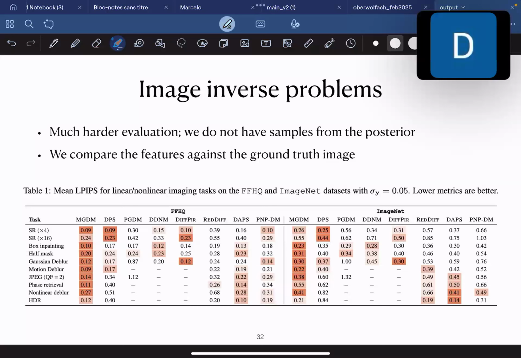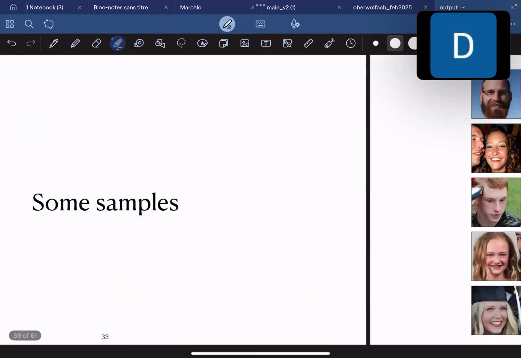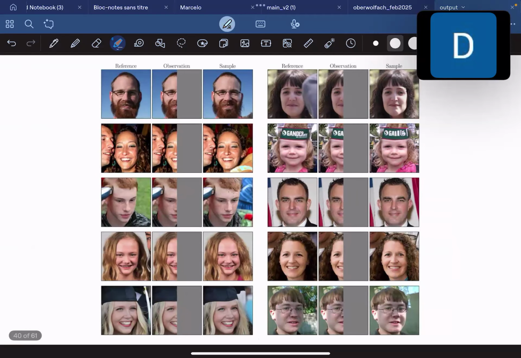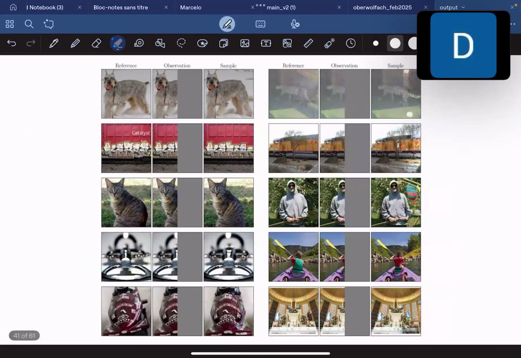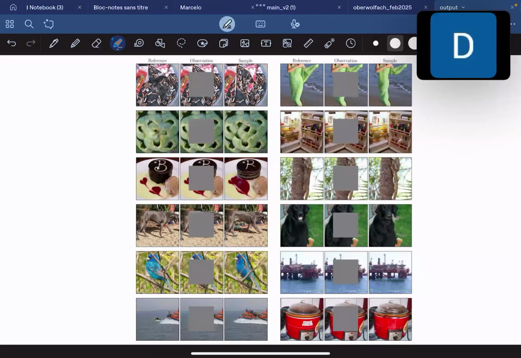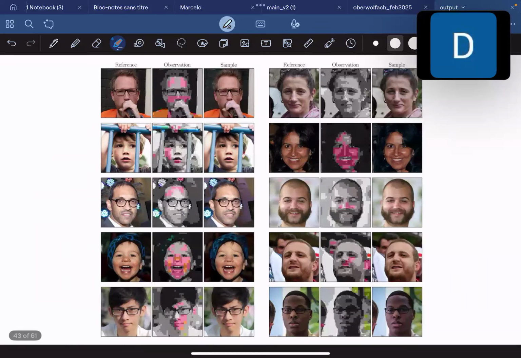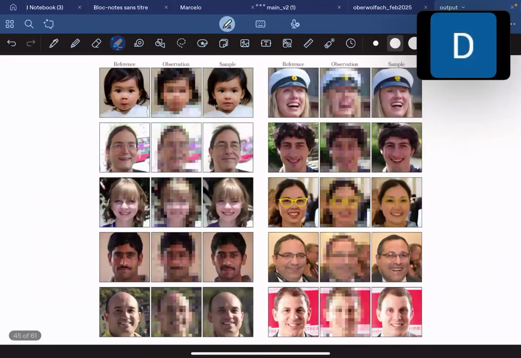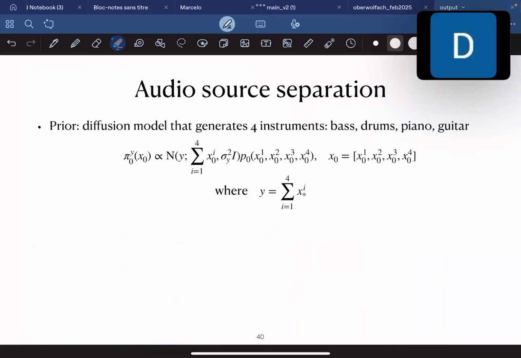Here it's only on image problems, and here are some samples. We consider inpainting, JPEG, and super resolution inverse problems. So we have tested our algorithm on a bunch of image inverse problems.